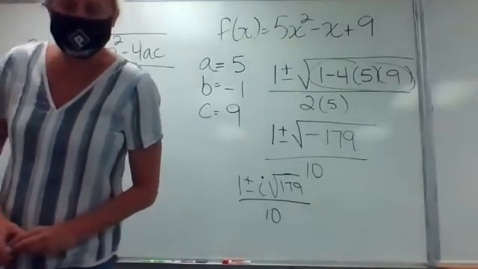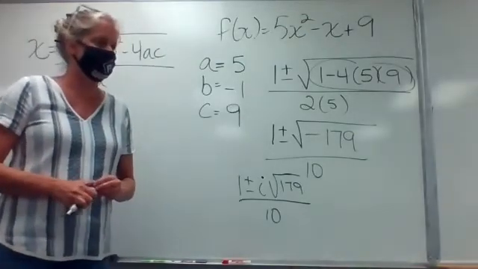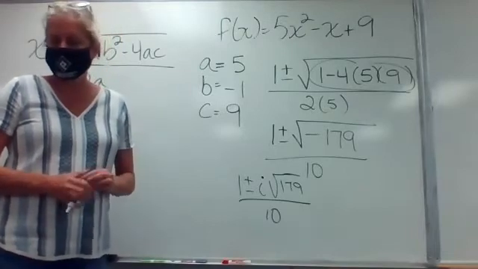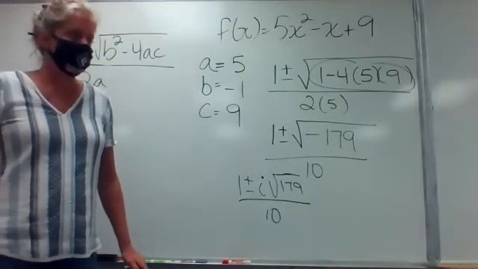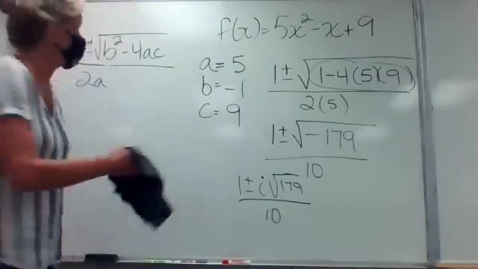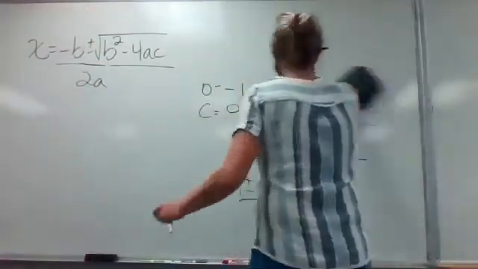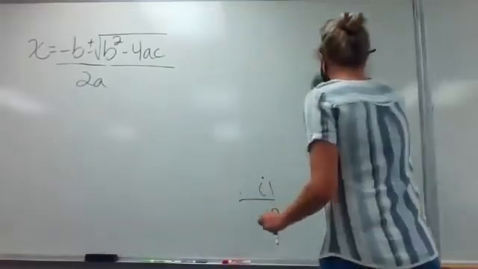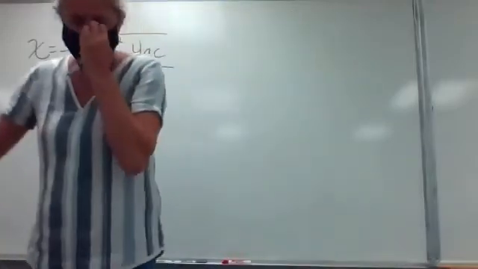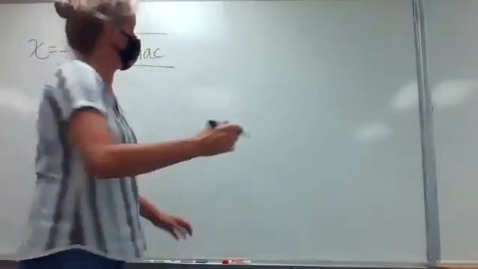All right, last one. So going back up to number 2. I know I've been all over the place, but there was a reason for that. We needed to get warmed up for number 2. Number 2 just has more steps at the end. f(x) equals x squared minus 2x minus 4.